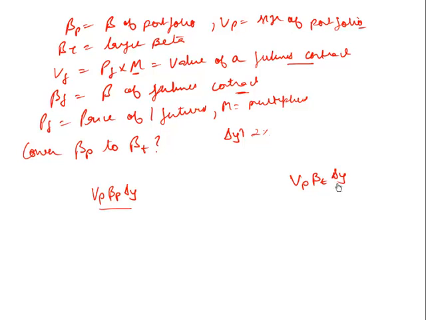To achieve this, what I have is the help of a futures contract which has a value of Vf and a beta of beta f. Let's assume that we long or short n contracts.